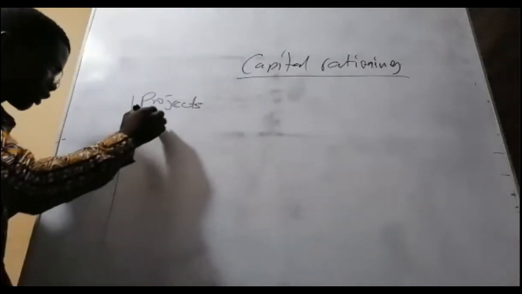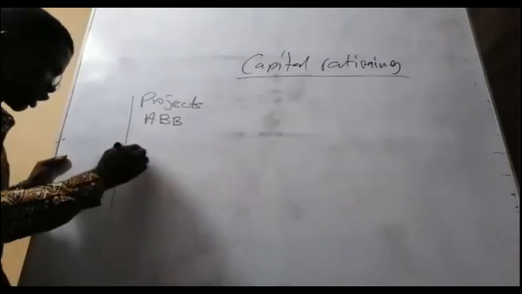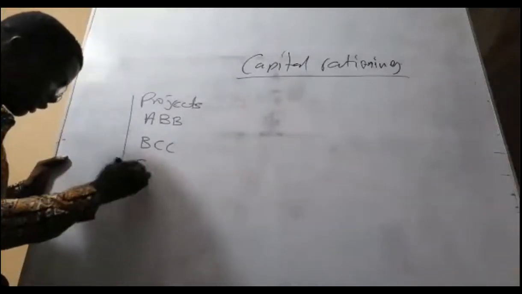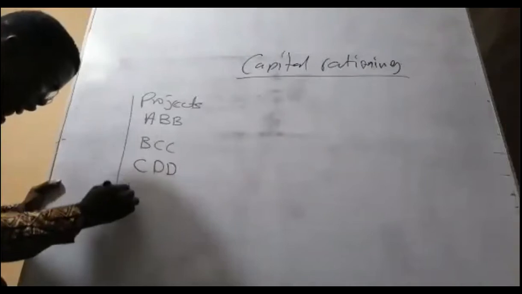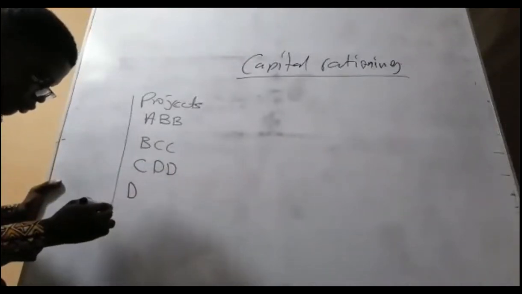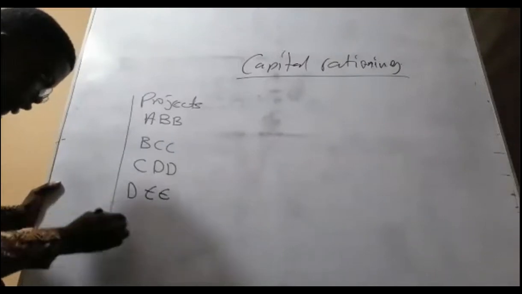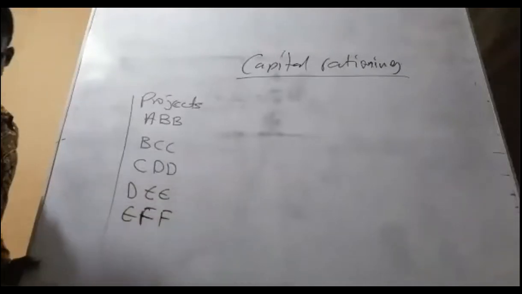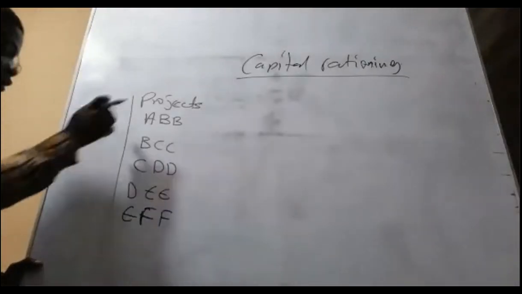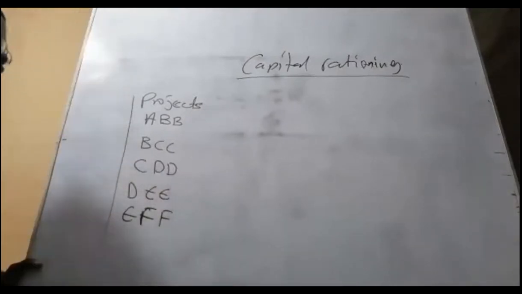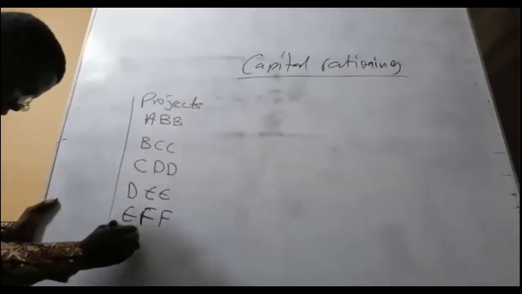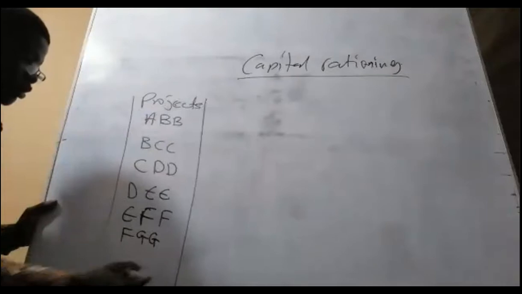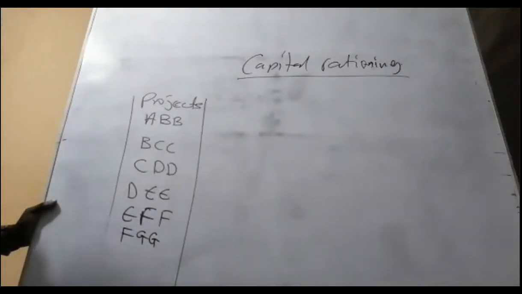Project ABB, project BCC, project CDD, project DEE, and project EFF. These are the projects on our list. How many? 1, 2, 3, 4, 5. Okay, 5 projects. Let me add one. Project FGG. That is it.